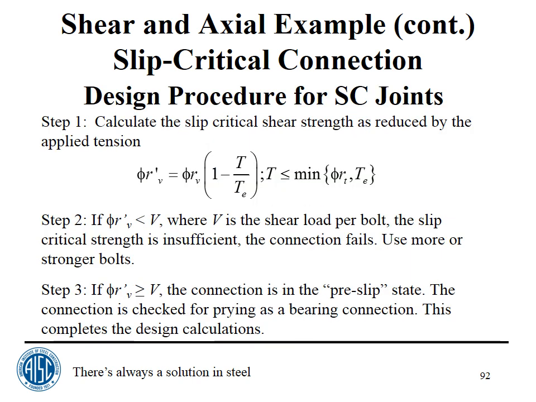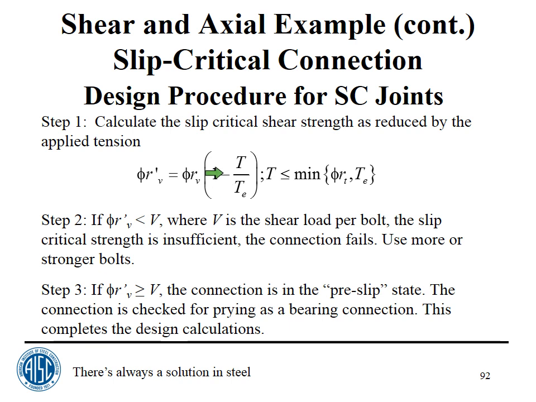So what's the design procedure for slip critical bolts? Step 1, calculate the slip critical shear strength as reduced by the applied tension, by the formula that you see right here. Given an applied tension, that's a required tension. This is the expected pretension, 1.1 times T sub B from the table in the manual.